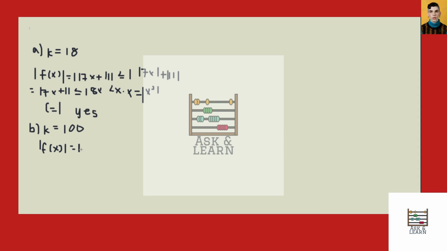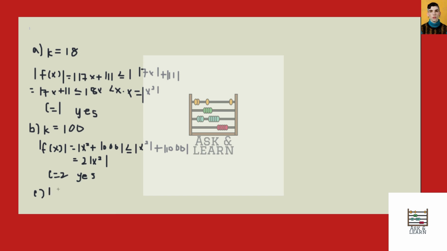So we take the absolute value like we did in part A, and we get the absolute value of x squared plus 1000 is smaller than or equal to x squared plus 1000, which is less than x squared plus x squared, and that becomes 2 times the absolute value of x squared. So we could take c equals 2, and this is a big O notation with k equals 100 and c equals 2.